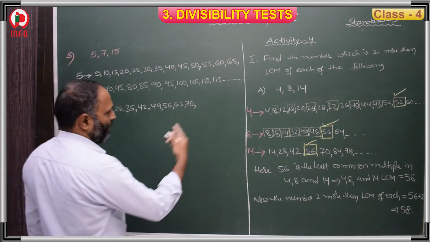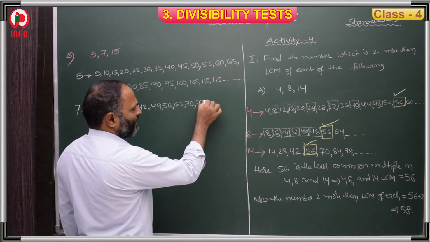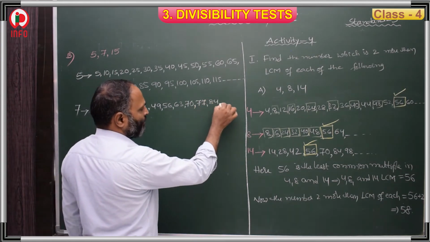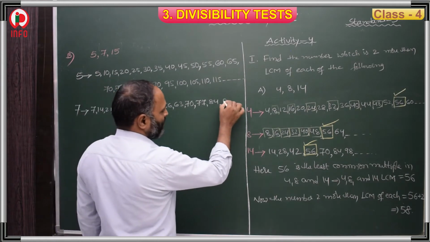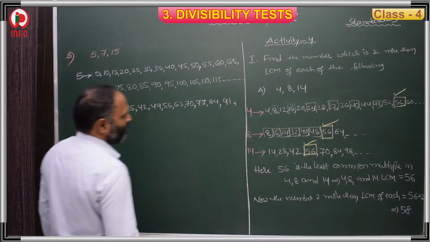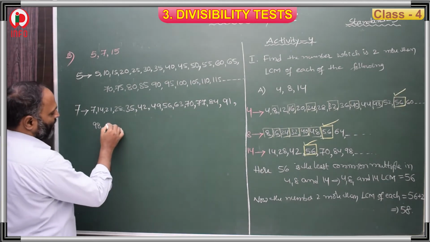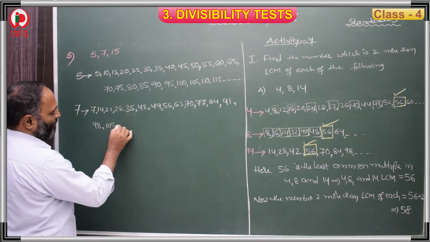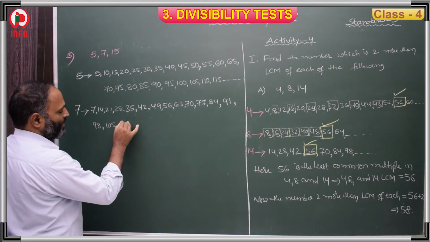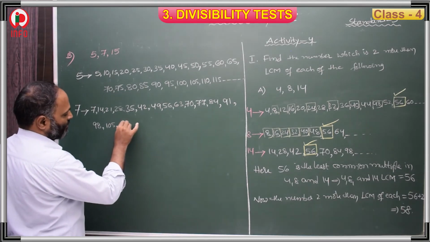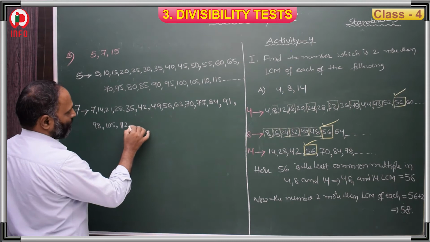Then after that increase by 7: 77, 84, 91, 98, 105, 112 and so on.